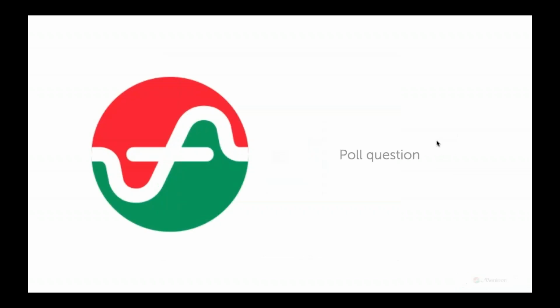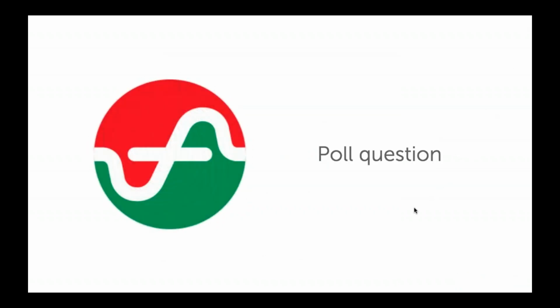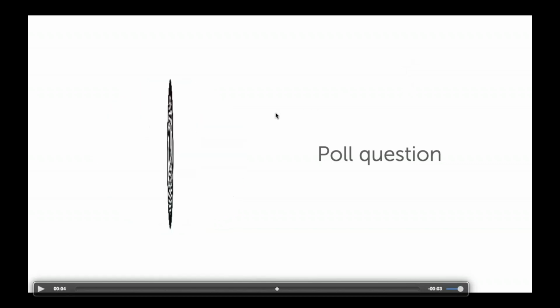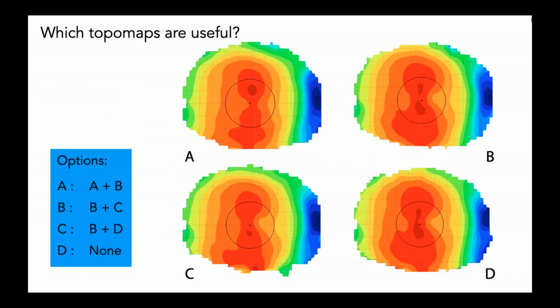So I think it's time for poll questions. I will create the following. The question is, which topo maps are useful in your practice? I will close it so you have a better look, and the options are over here. You have 20 seconds to have a look, and then I will turn on the poll so you can vote. Then we can see live what the vote will be.